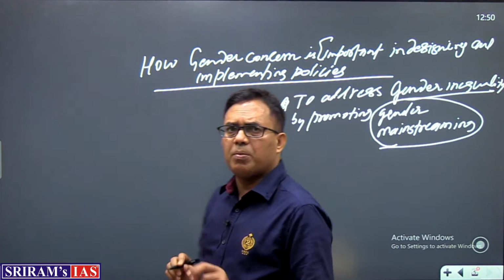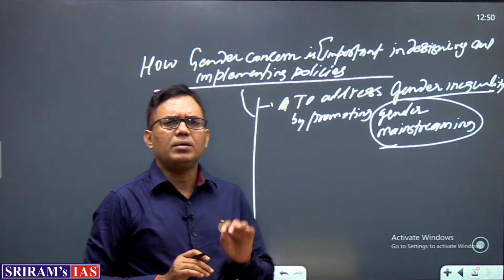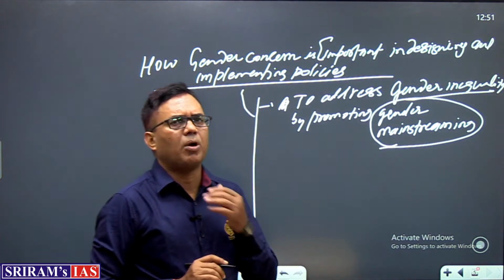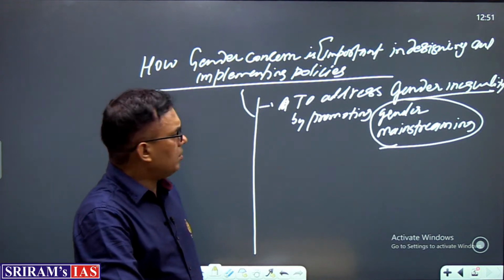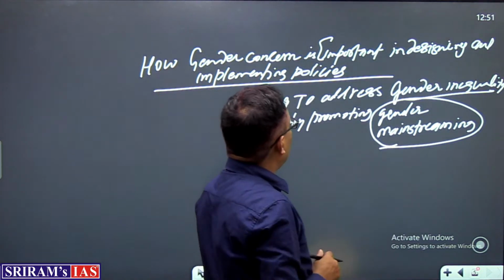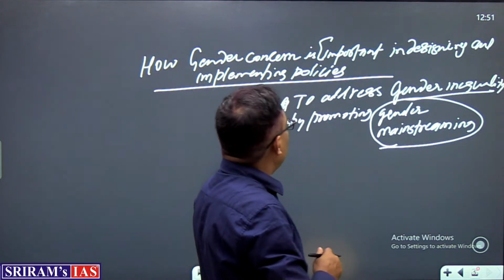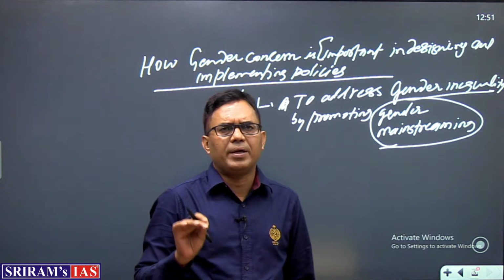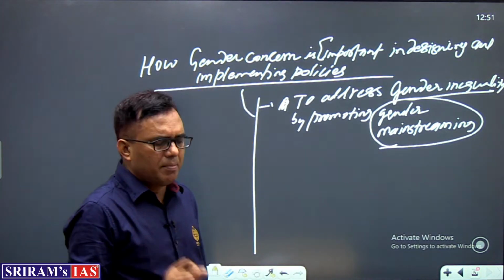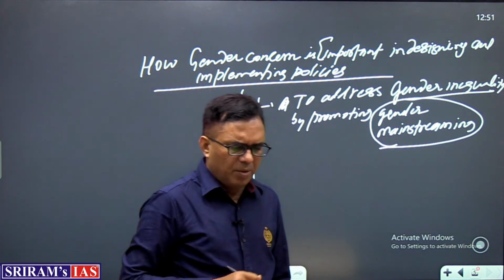If we have to explain how gender concern is important in policy making and design, the first consideration is to address gender inequality by promoting gender mainstreaming in society, meaning bringing women into the mainstream part of society. In this way we can go for this implementation.